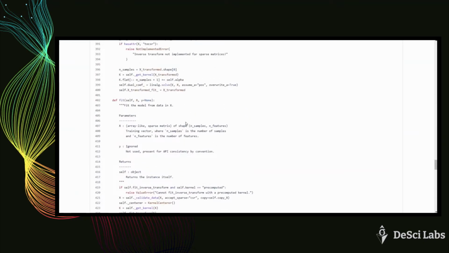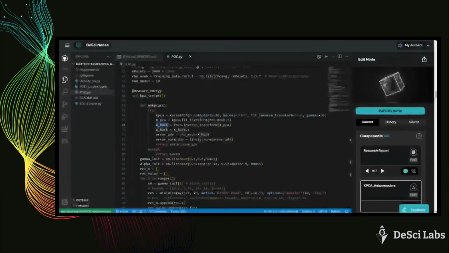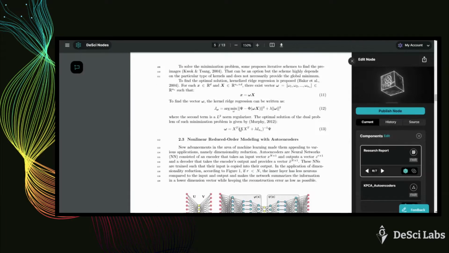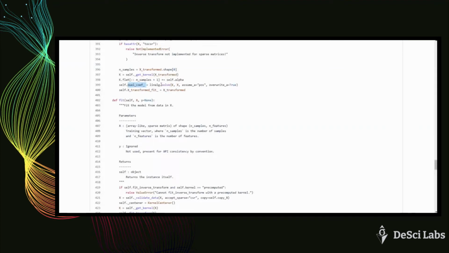It's like the omega you showed in the paper, right? Yeah, it's here. Exactly. The only difference is that in the paper I just showed this inverse, but since finding this inverse is not easy in all cases, in scikit-learn they use a solver to solve this problem instead, because it's not possible to find the exact value.